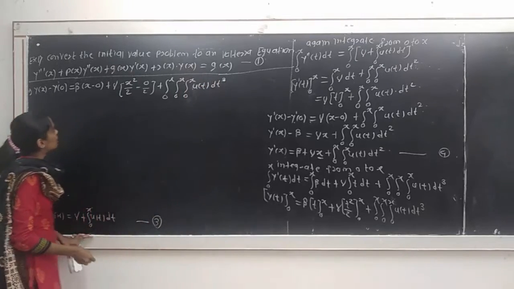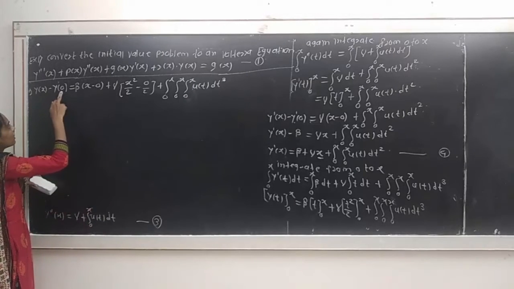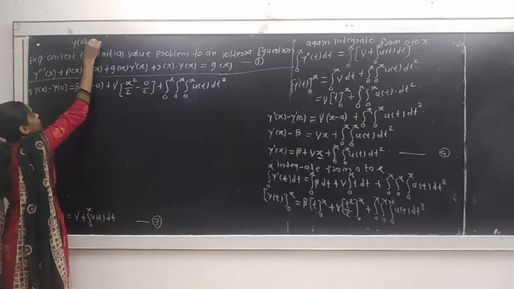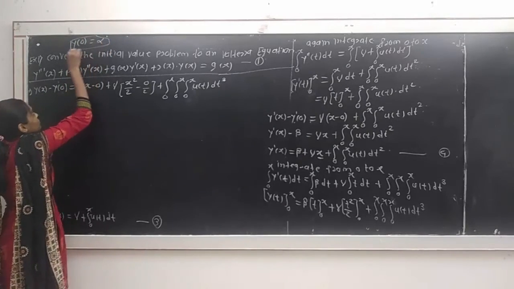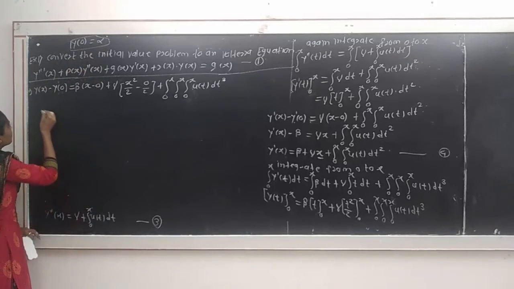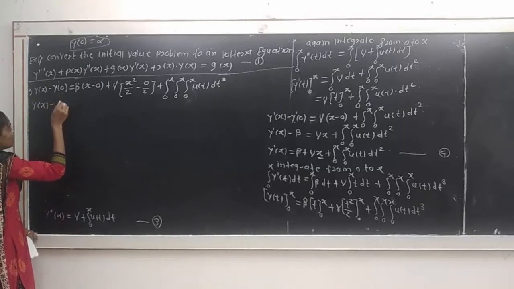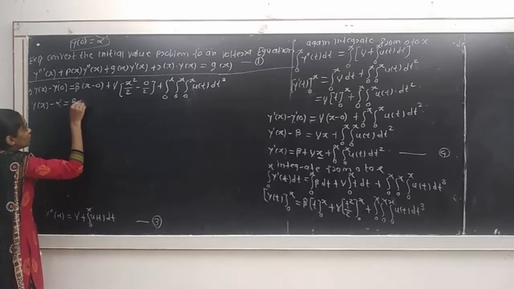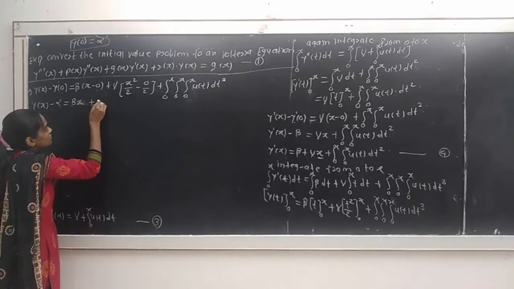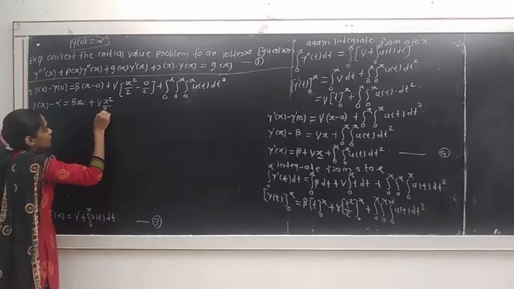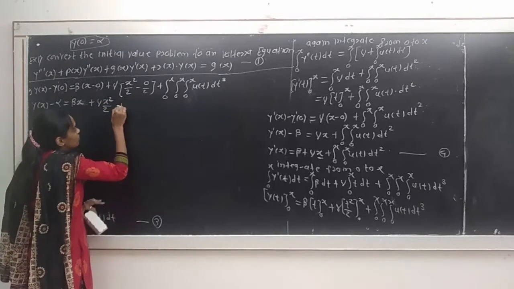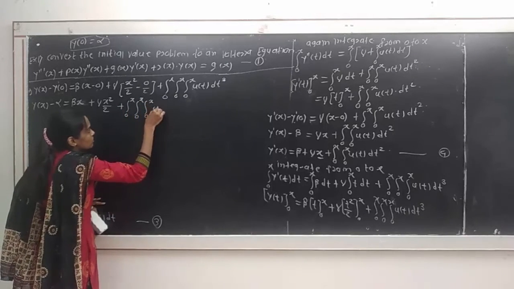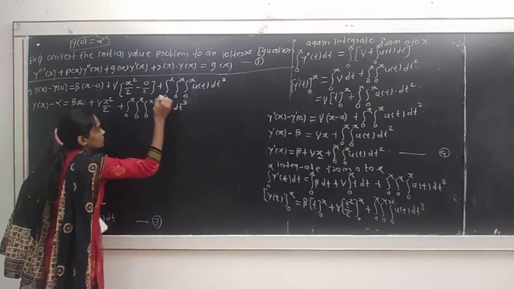Then again we use the given condition: y of 0 is equal to alpha. Therefore we put this condition here, we get y of x minus y of 0, that is alpha, is equal to beta into x minus 0 plus gamma into x square divided by 2 minus 0, plus the integration from 0 to x, from 0 to x, from 0 to x of u of t dt cube.